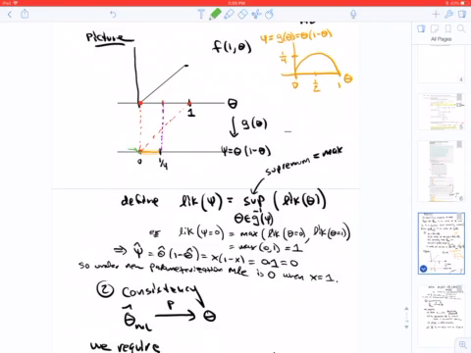So zero here maps to 0 and 1, because G of 0 and G of 1 are both 0. So going backwards, 0 maps to 0 or 1, and what we're going to do is take whichever value of f is larger. So clearly f of 1 is larger.